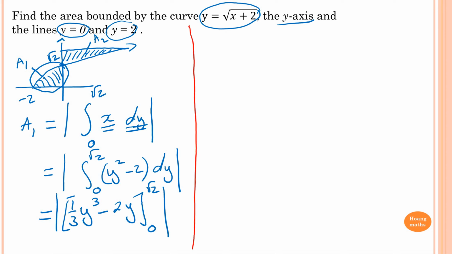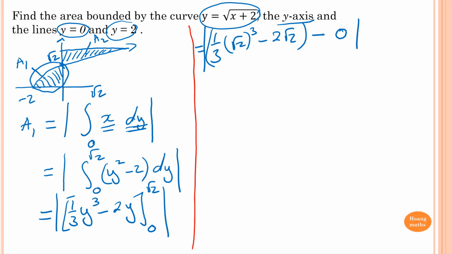Now I need to substitute the values in. This equals 1/3 of square root of 2 all to the power 3, minus 2 root 2, in a big bracket, with the absolute value outside. Then minus the substitution of 0, and the whole lot becomes 0 anyway.